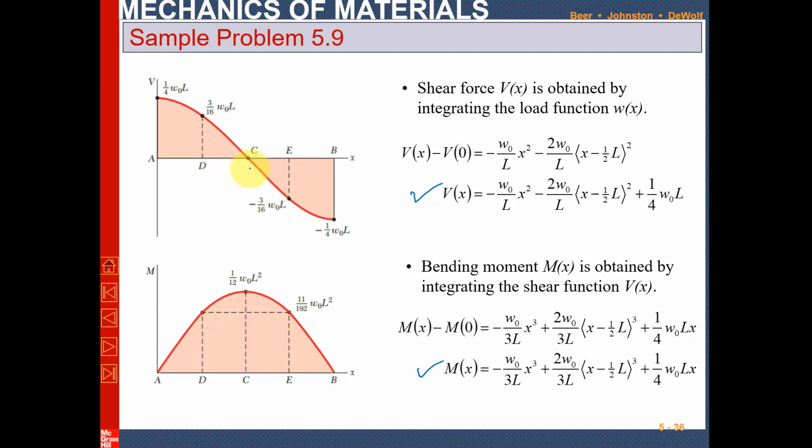Now for shear force at point C, for example, C is at a distance of L by 2. So if you put L by 2 over here, clear? This L by 2 will be cancelled with this, so the second term will be 0, and here similarly the second term will be equal to 0. So this is the single equation, so this will be 0, and the remaining is given over here.